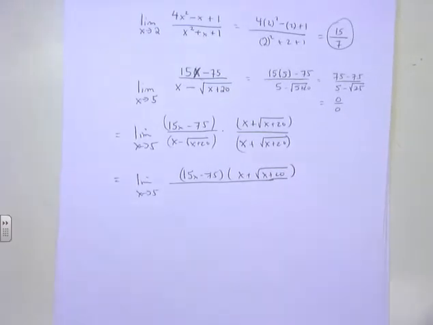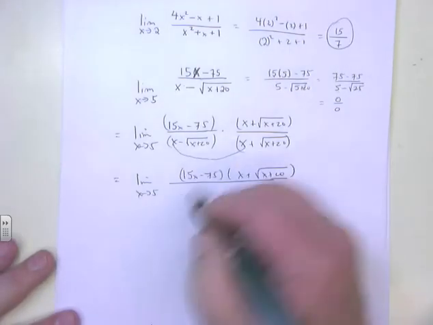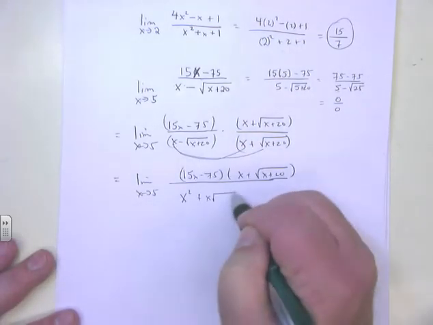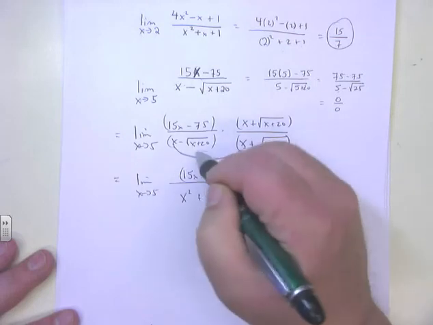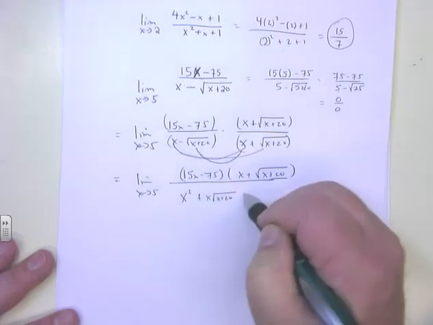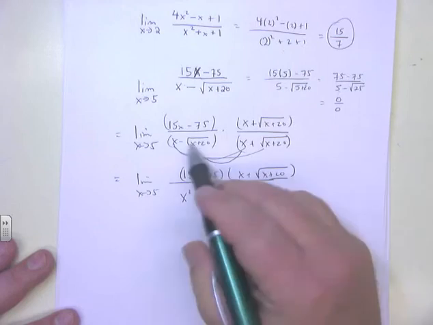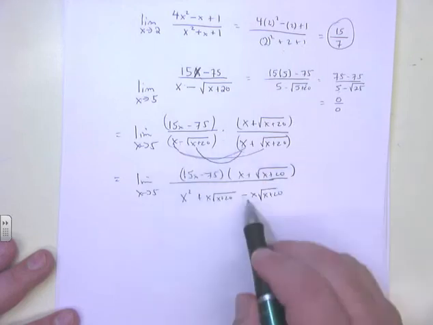Divided by, when I pull the conjugate pair stuff out, what am I going to get? I get x squared. I get x times the square root of x plus 20. I get negative x times the square root of x plus 20. And negative times a positive is a negative.